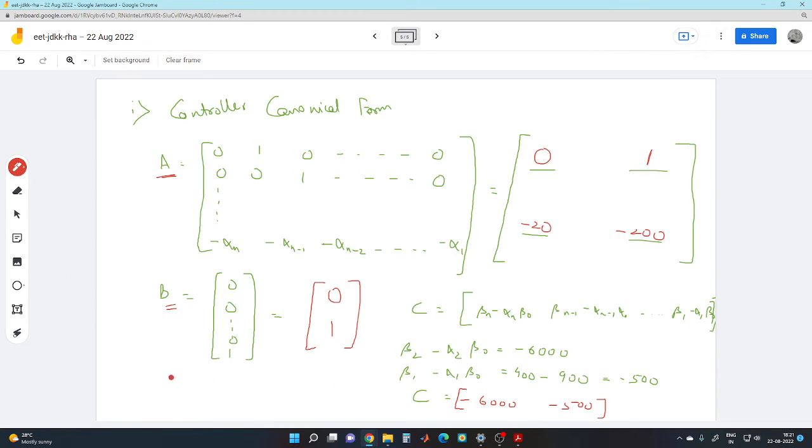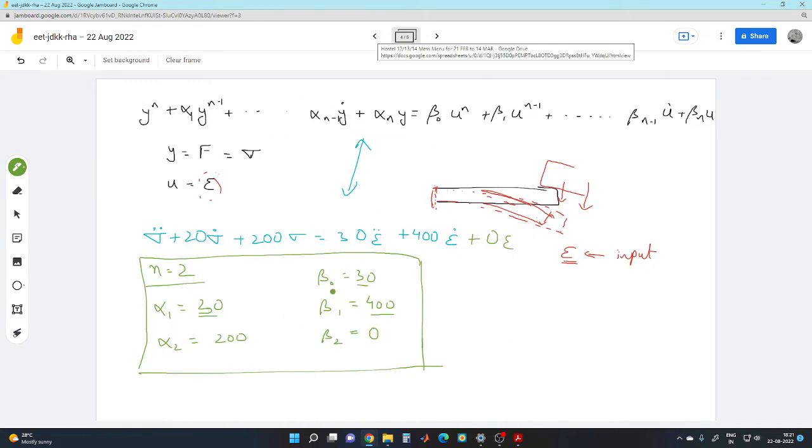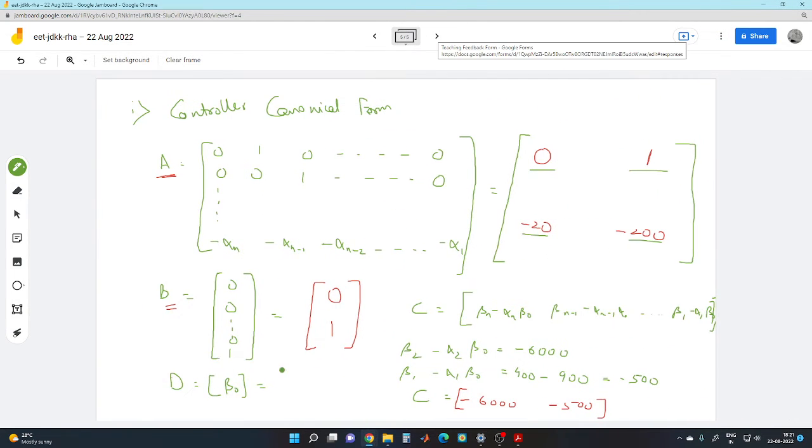And D matrix is simply beta naught value, which we know from here, beta naught is 30. So we can simply write it as 30.